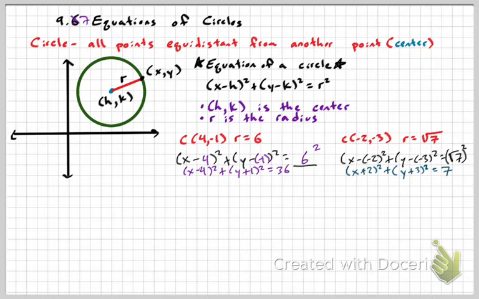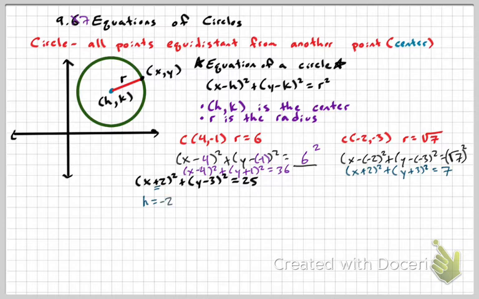But now let's look at it in a different context where I'm going to give you the equation of a circle, and we're going to try to find the center and the radius, okay? So now we have the equation (x + 2) squared plus (y - 3) squared equals 25. As I look at this, my h, since it's positive 2, is the opposite.